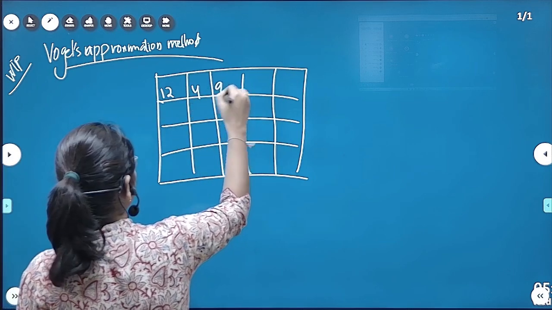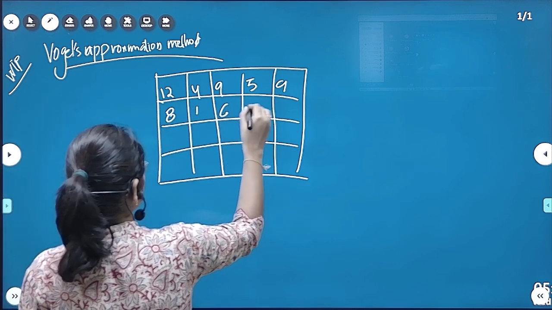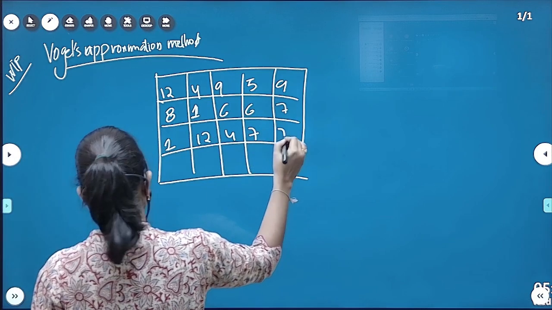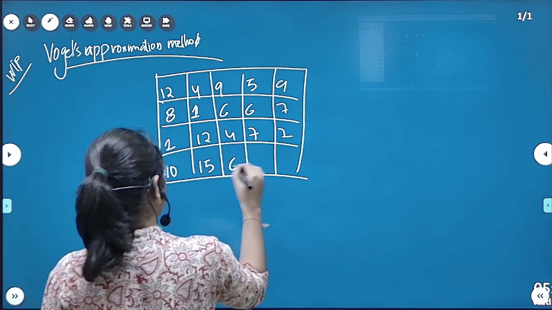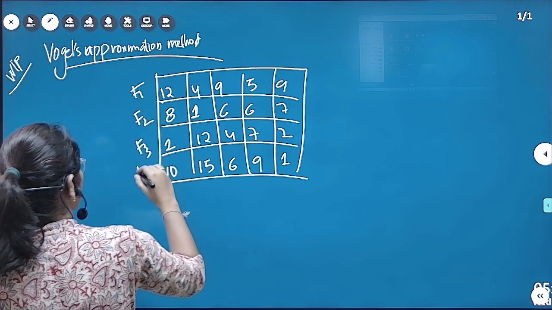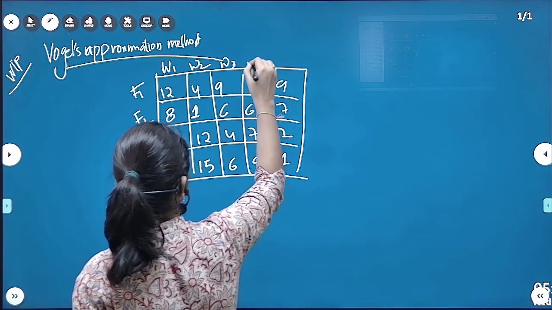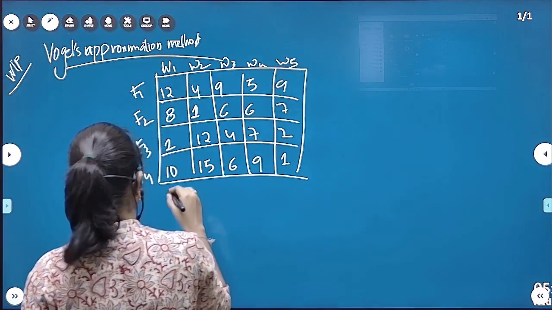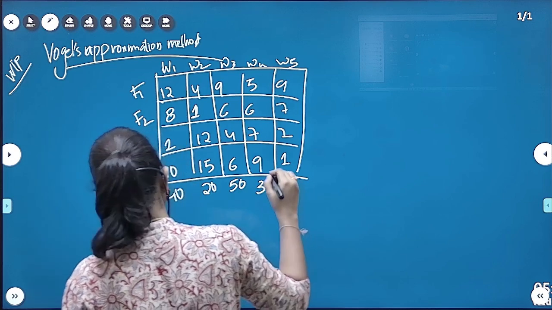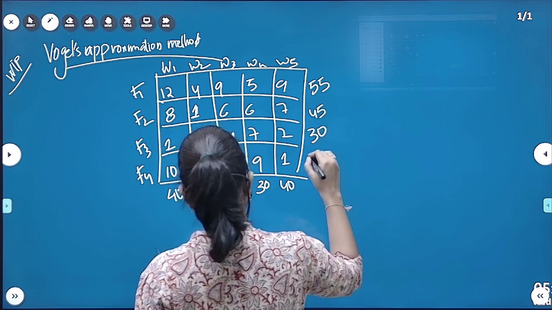12, 4, 9, 5, 9, 8, 1, 6, 6, 7, 1, 12, 4, 7, 6, 9, 1. So now it's a balanced question.